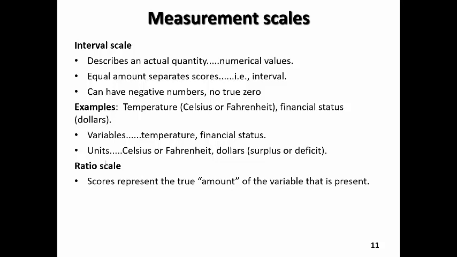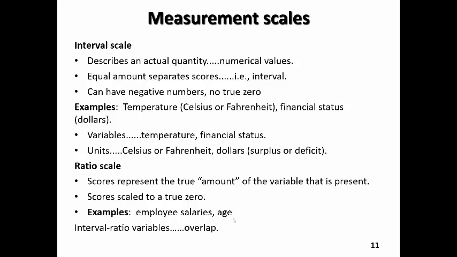The fourth and highest level is the ratio scale. And the ratio scale represents the truest amount of the variable that is present. This is also the case with an interval scale, but the difference between the interval scale and the ratio scale is that the ratio scale is scaled to a true zero. So some examples of a ratio scale would be employee salaries or age.